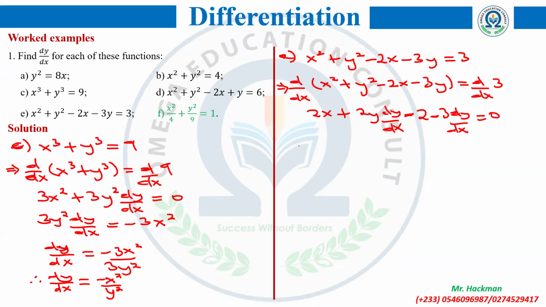So I'm going to have 2y dy/dx minus 3 dy/dx. You can see that anytime I'm writing, moving from one step to the next step, I write close to the margin. That will be equal to, I have to move this one to the side, so that will give me minus 2x. Is that clear?